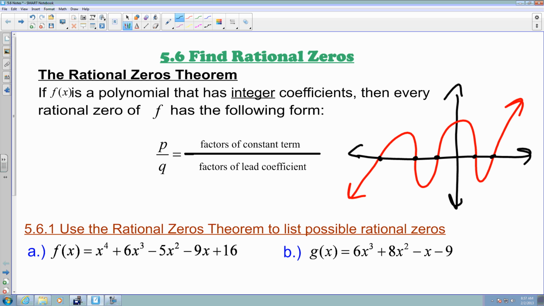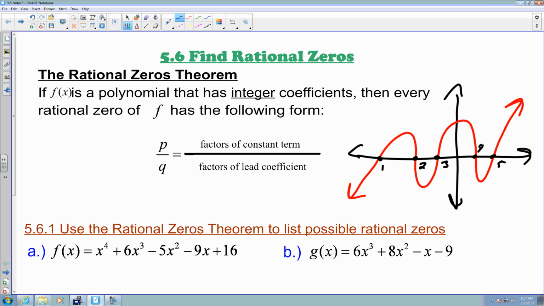For this particular function that I drew, it has 1, 2, 3, 4, 5 real zero solutions.